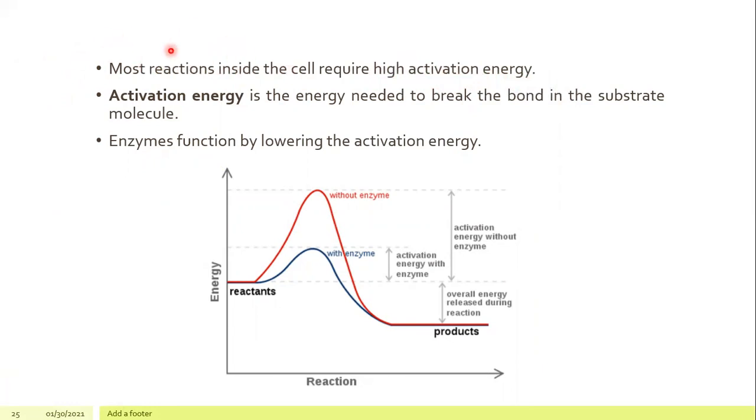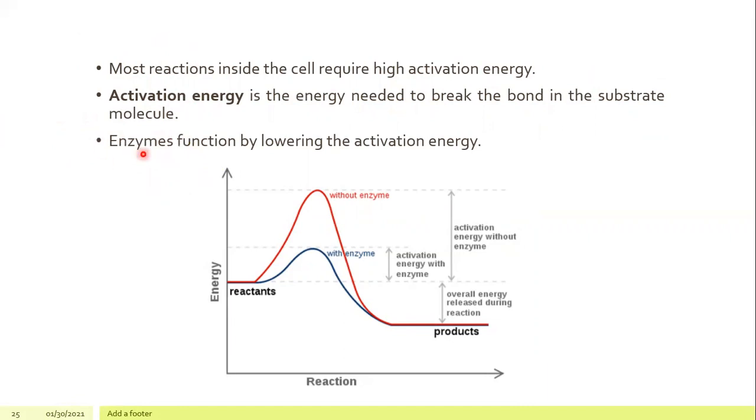And normally, without an enzyme, they need a very high activation energy in order to complete the reaction. So activation energy is the energy needed to break the bonds in the substrate molecule. The substrate is actually a molecule from the point of view of chemistry. So this activation energy is needed to break the bonds, in order for us to change the substrate into the product, okay?